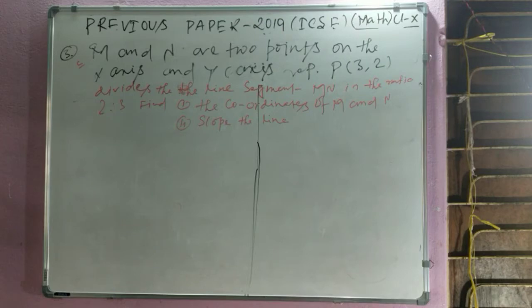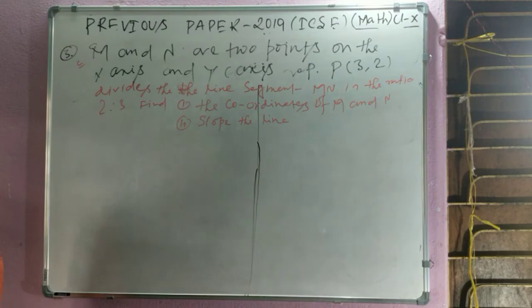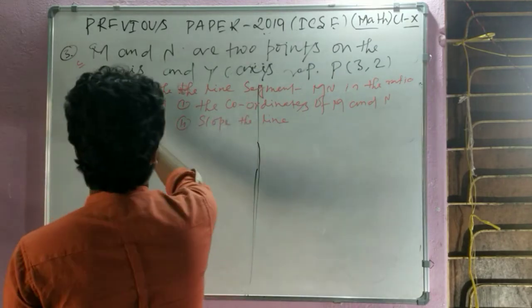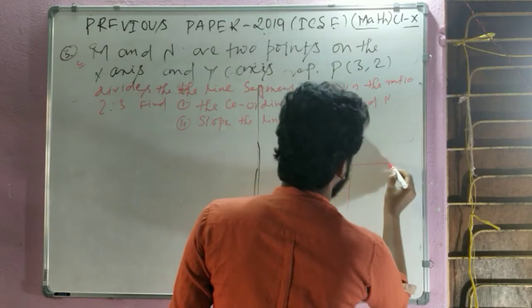Next question from straight line. Given the question, M and N are two points on the x-axis and y-axis. This is the x-axis and y-axis.